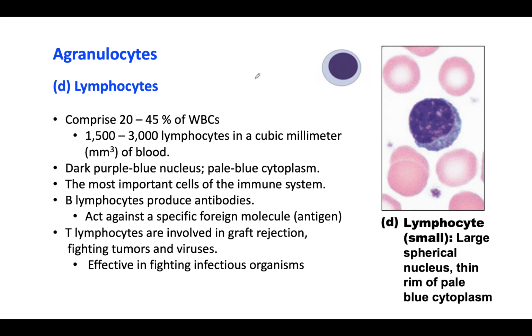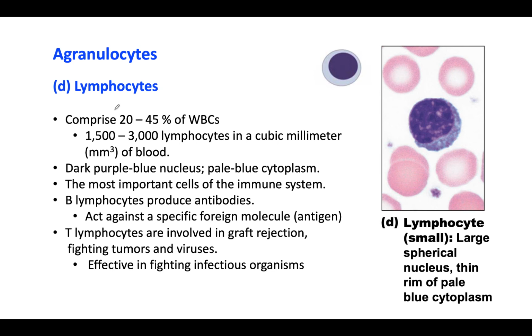Agranulocyte. One of the agranulocytes is lymphocyte. Lymphocytes consist of about 20 to 45% of white blood cells. So there are 1,500 to 3,000 lymphocytes in a cubic millimeter of blood.